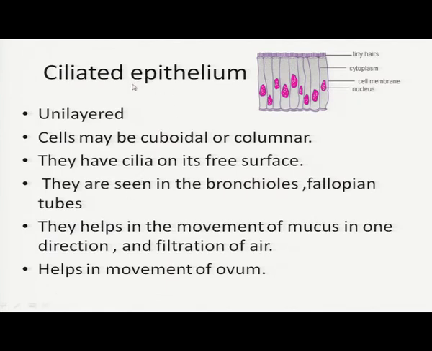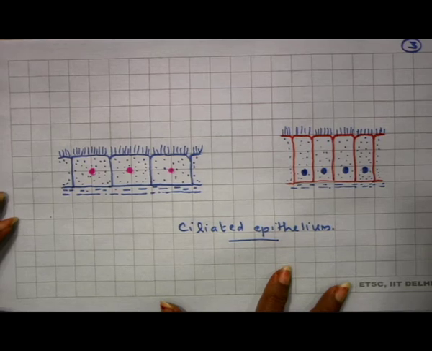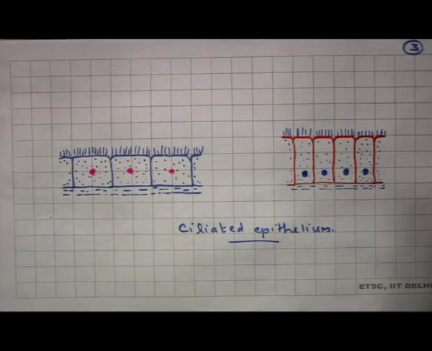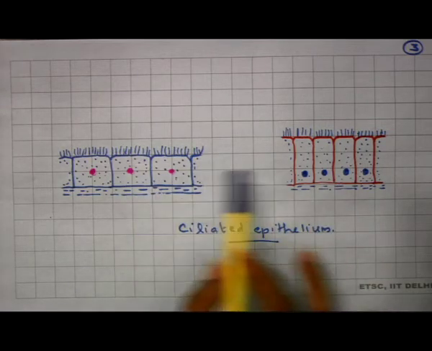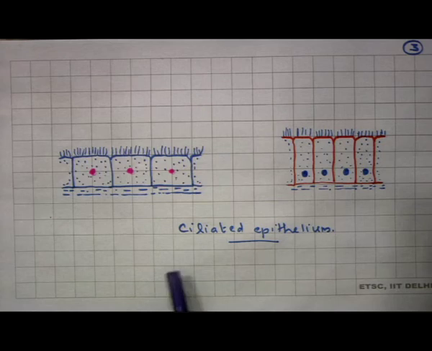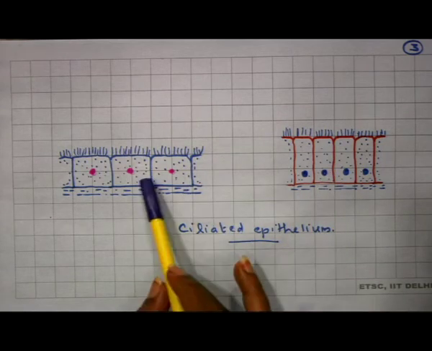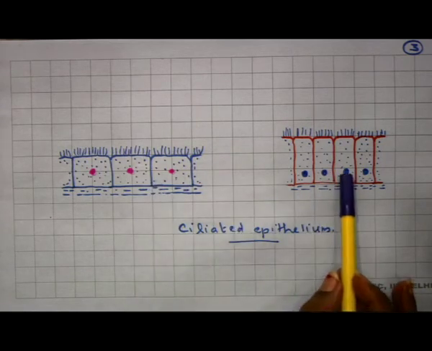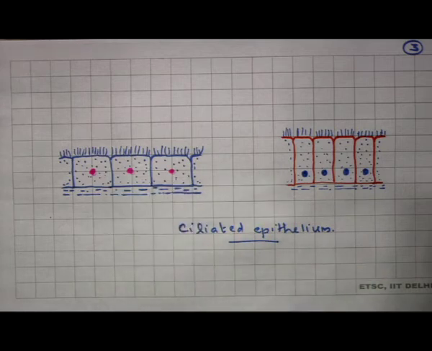Now, the third one, that is ciliated epithelium. Again, you see here the diagram and try to identify the characters. Regarding the number of layers of cells, it has only one layer of cells.